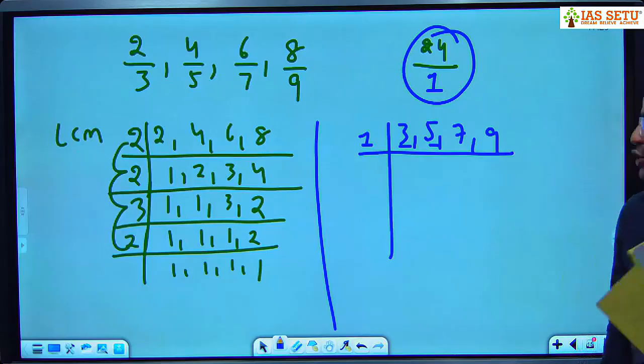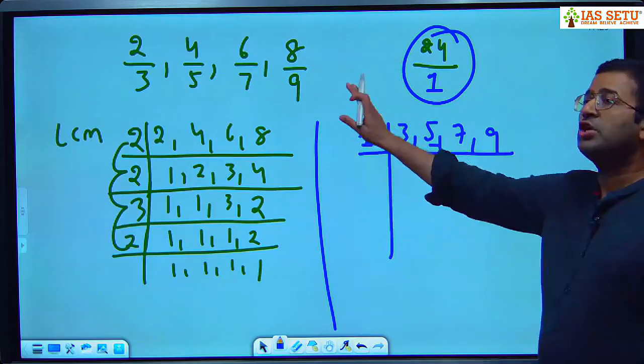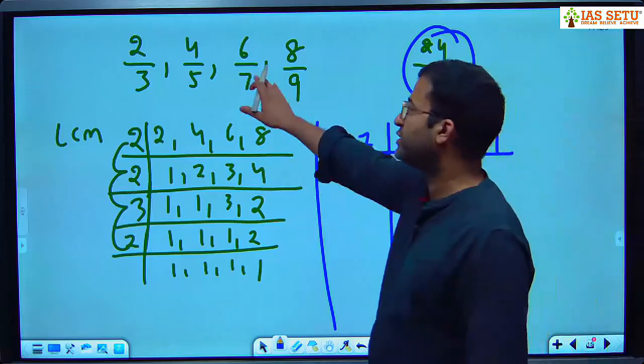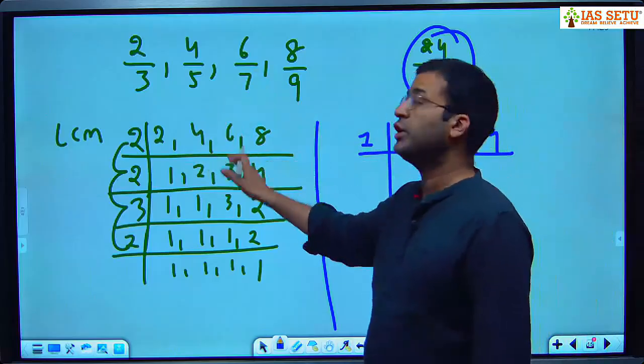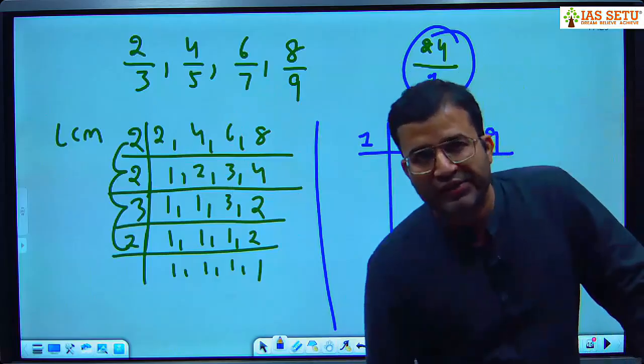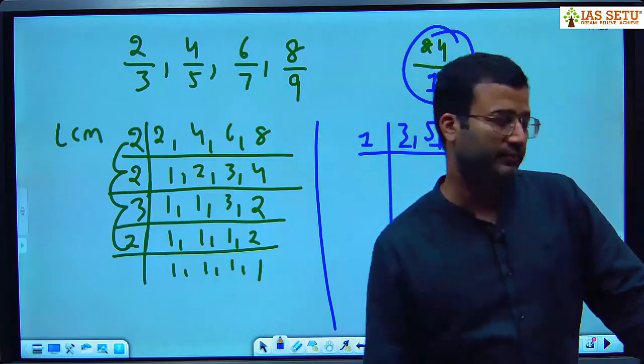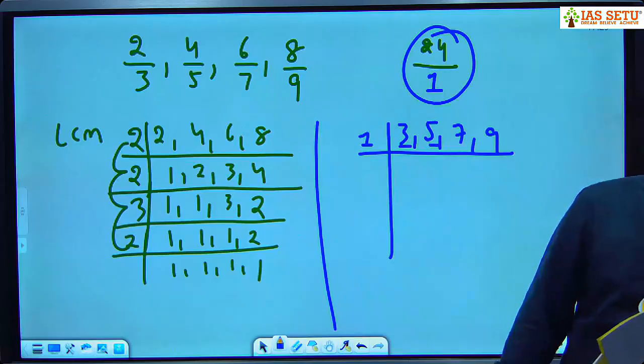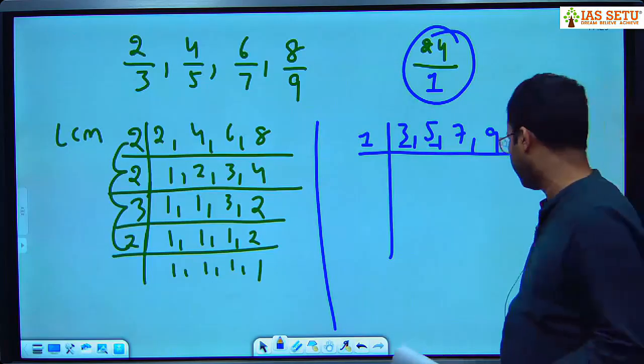Now I ask you a question. Is this clear? You have to simplify, but if it is already simplified, then it is okay. You have to find LCM of numerator divided by HCF of denominator. Just write yes in comment अगर समझ में आ रहा है चीजें.